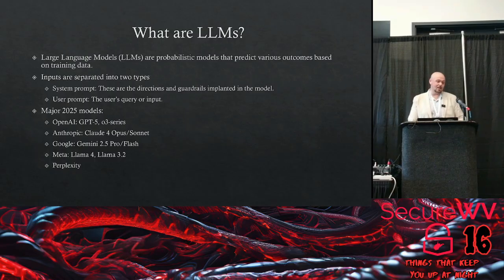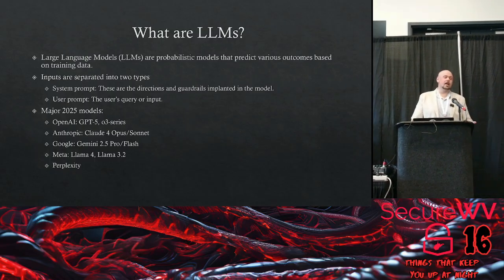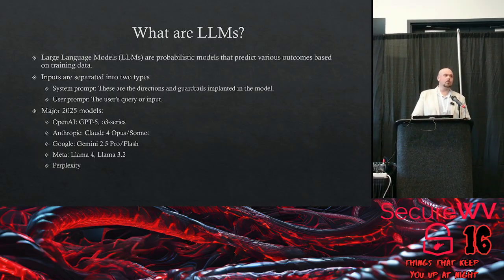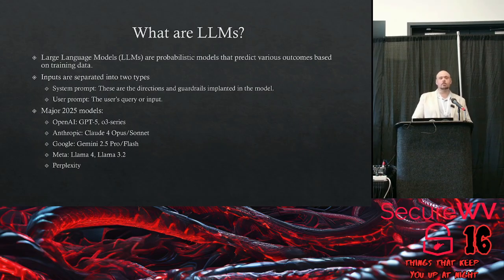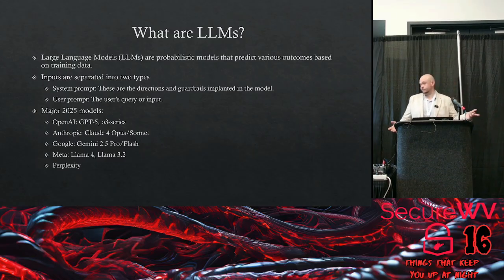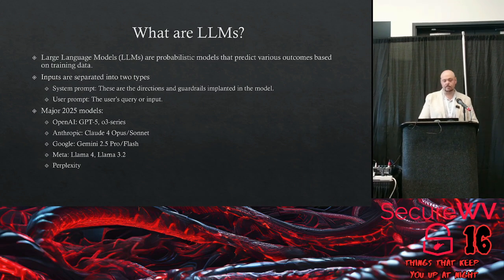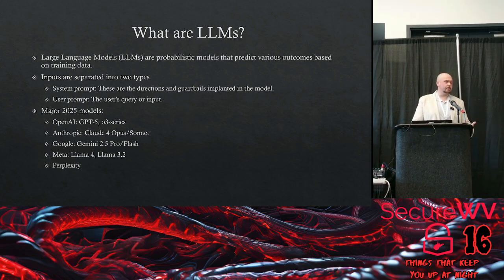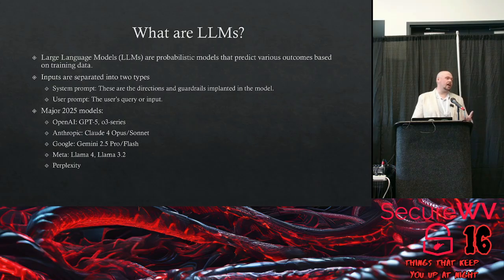Every day there's a new foundational model or a new model being pushed out. Hugging Face is updated almost hourly with new models. I wish I could try them all, but there are just tons of them. The most common ones that people see are GPT-5, the O3 series, the reasoning models, Anthropic, especially on the enterprise side of things, and Gemini.